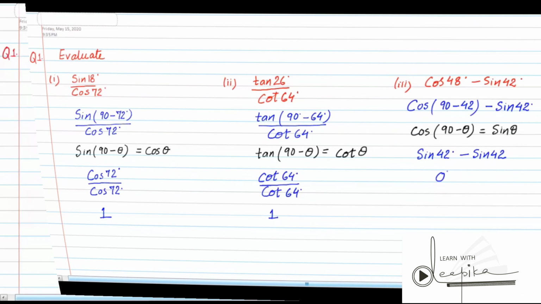That's the answer. Question number 1, fourth part is cosec 31 degree minus sec 59 degree. Here also you can change cosec 31 as cosec 90 minus 59 and minus sec 59 degree.